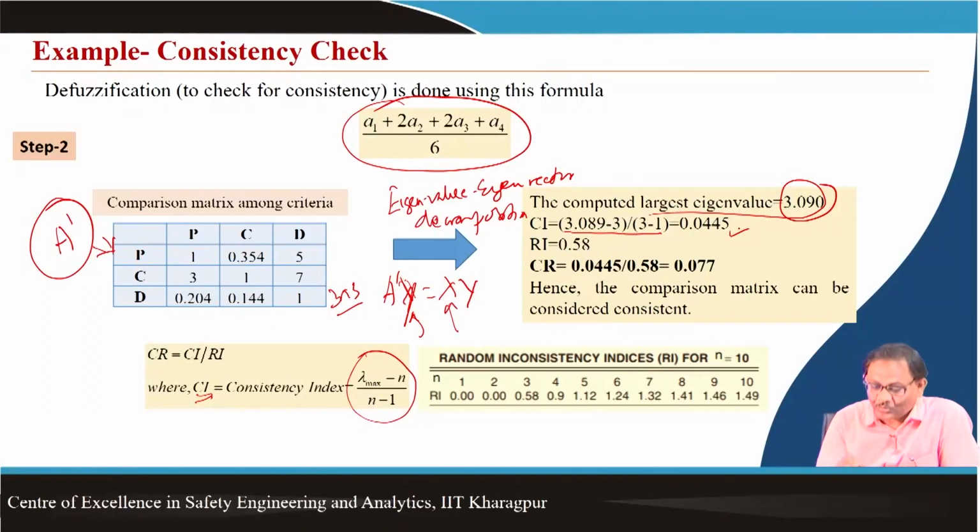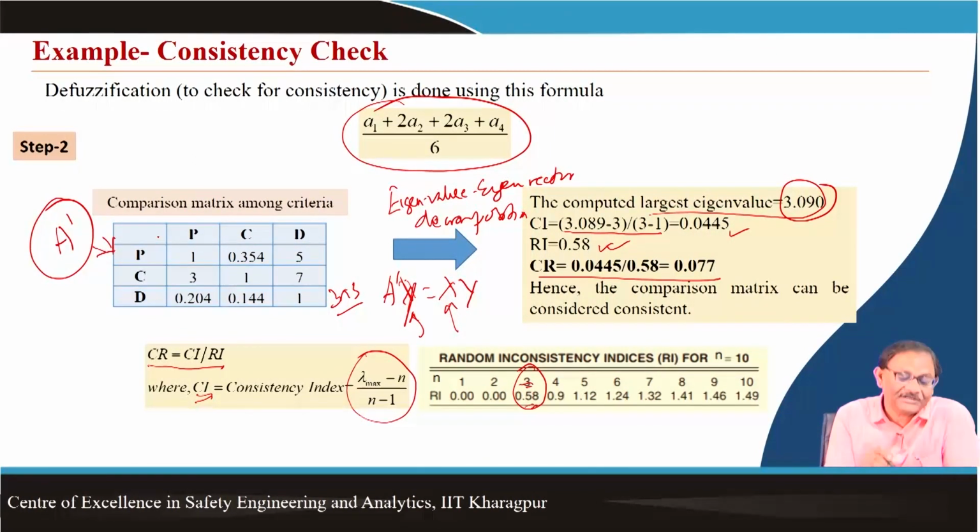Now in this case, what is RI? Your n is 3, so RI is 0.58. Then CR, the consistency ratio, is CI by RI, 0.077. But what is the requirement? It should be less than 0.1. It is a little less than 0.1, so the data is consistent, the experts' opinion is consistent.